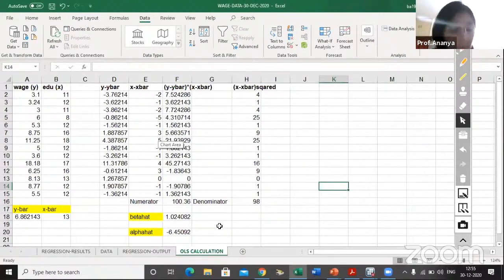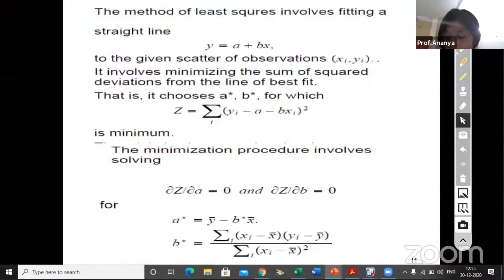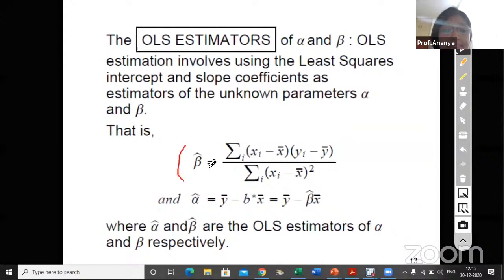The OLS estimator beta hat is equal to sigma of (xi minus x bar) into (yi minus y bar), upon sigma of (xi minus x bar) whole squared. I have calculated this, and you can see that.